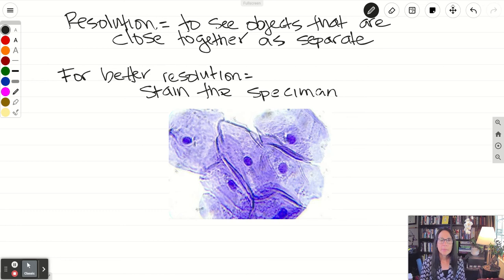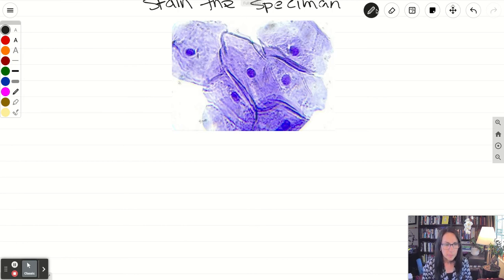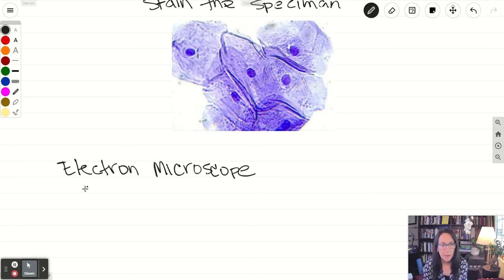And I just want to talk about a different kind of microscope. This is a more powerful one, and this is called an electron microscope. These were invented in the 1950s, so not that long ago, when technology had advanced a lot.